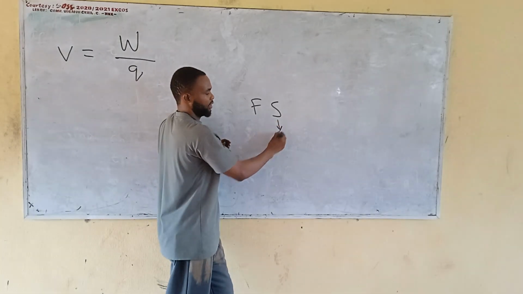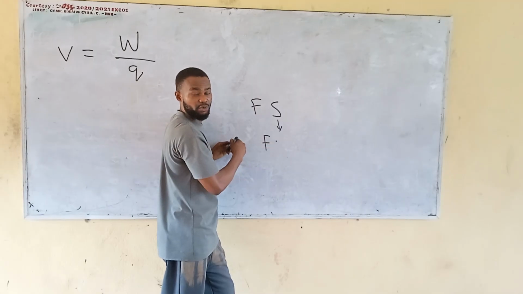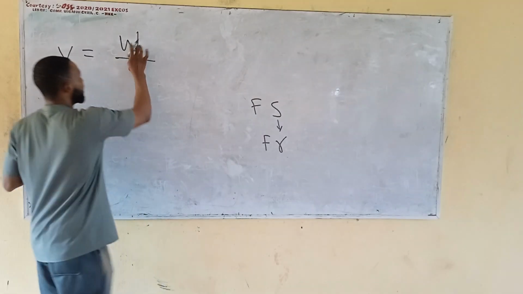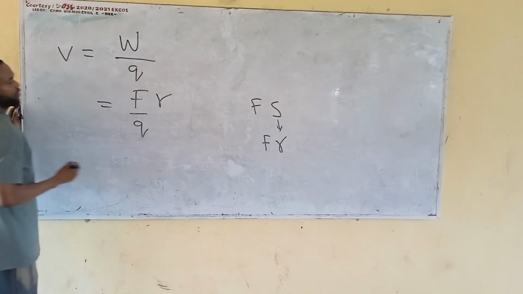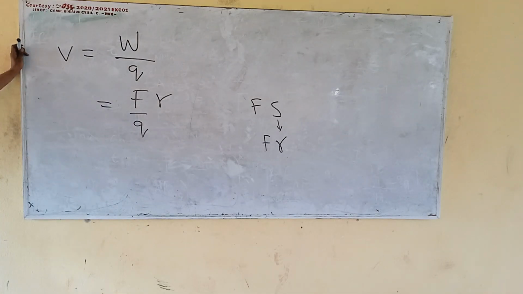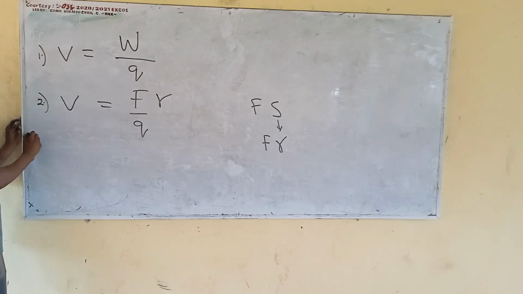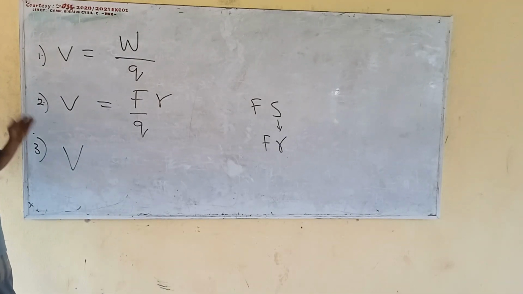But in electric field, since it's spherical, whenever something is moving in circular paths, S changes to R. So that means this should be F R all over Q. Is it true? Yes. And notice something. This is the second formula form, this is the first one, the second one. Now the third one is, if you remember, what did we say is force per unit charge?